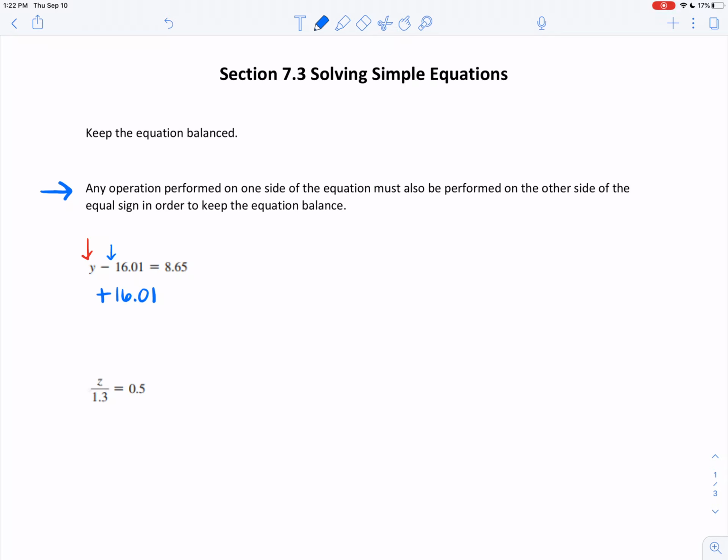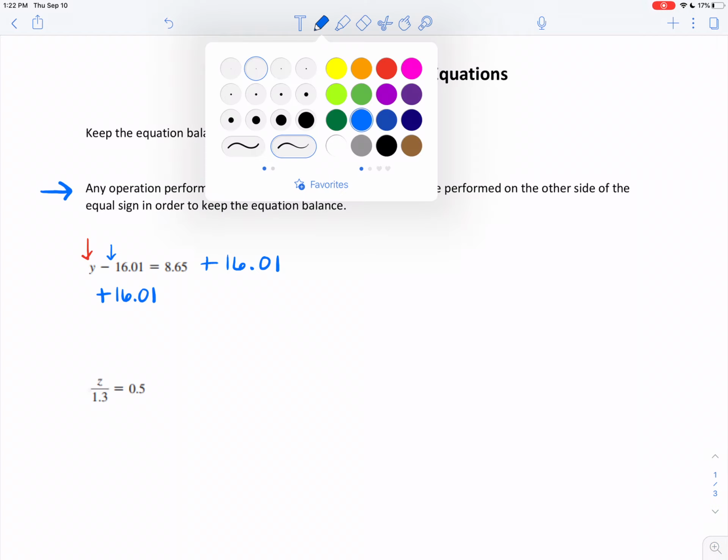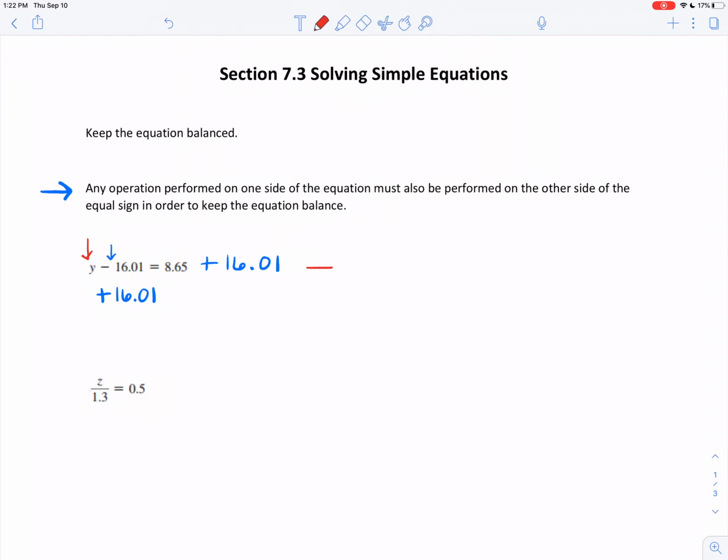Now, I can do that, but if I do a plus 16.01 to the left-hand side of this equation, I have to do the same thing to the right-hand side of the equation as well. This is what we mean by keeping it balanced. And so what happens here, right, is on the left-hand side of the equal sign, these are 0.